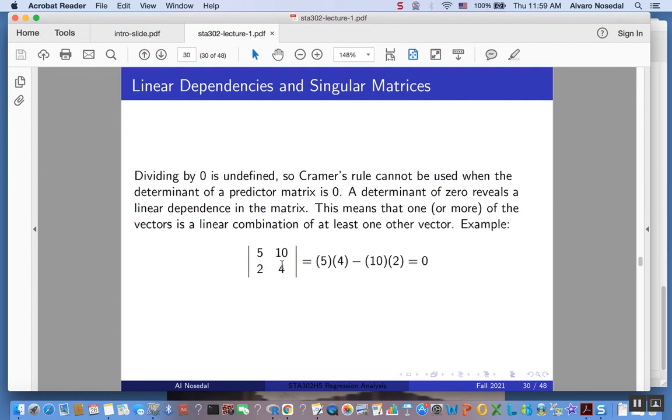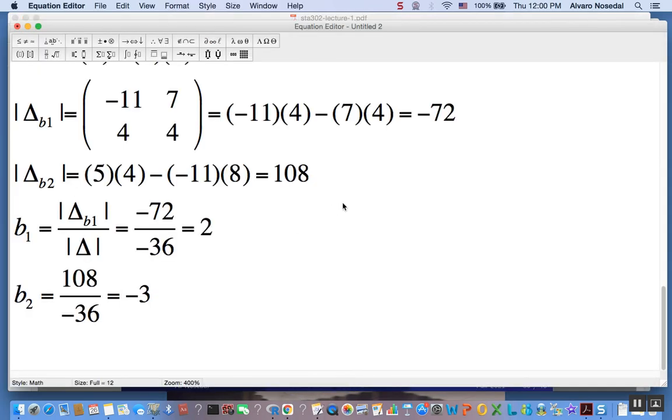So anyway, these two column vectors are linearly dependent, and that is revealed by the determinant. You end up with a determinant of 0. Make sense? Okay. And when you have a determinant of 0 for a matrix, what you say is that that matrix is a singular matrix.